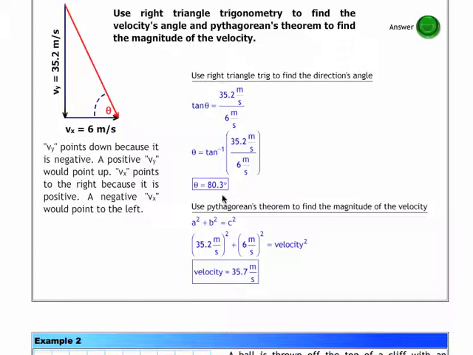Make sure your calculator is in degree mode. Then to find the magnitude, I'll use the Pythagorean theorem: a squared plus b squared equals c squared. That means it's going to be 35.2 squared plus 6 squared, and the velocity comes out to be 35.7 meters per second. So if you were riding this object downwards, your speedometer would read 35.7 meters per second, and the angle is 80.3 degrees.